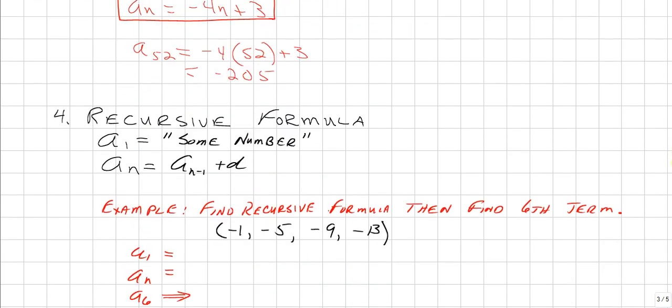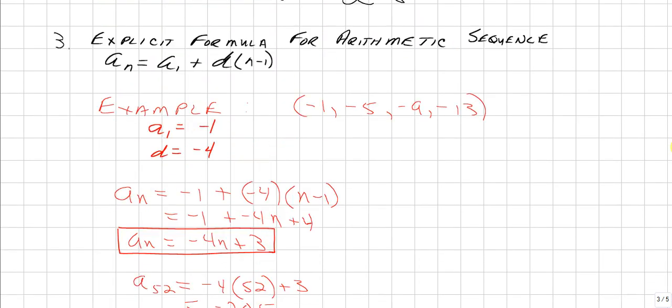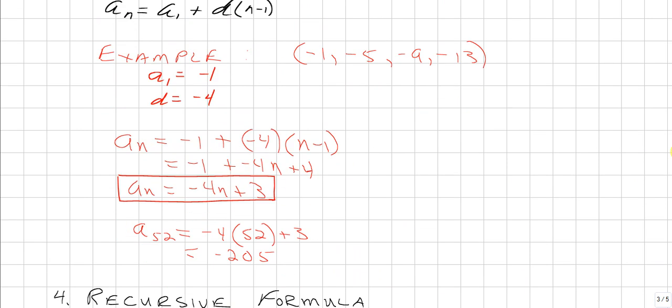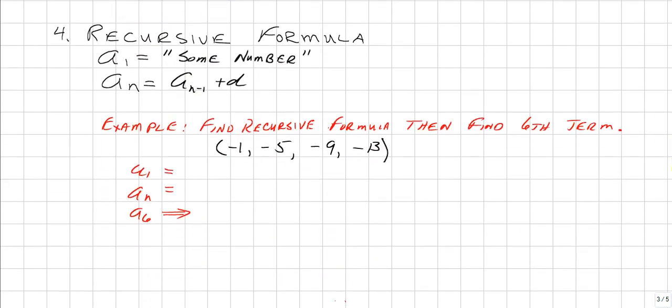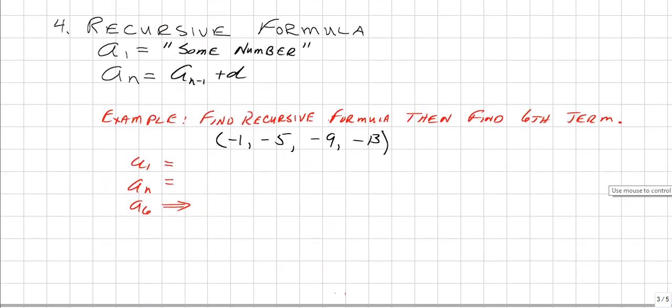Okay, for that particular list of numbers, which I have, negative 1, negative 5, negative 9, negative 13, here's the recursive formula. And remember the recursive formula, I have to have some starting point, and then I have to say, okay, to get to the next term in the sequence, a_n, I have the previous term, a_(n-1), plus some common difference, d. So for this particular sequence, d is equal to negative 4.